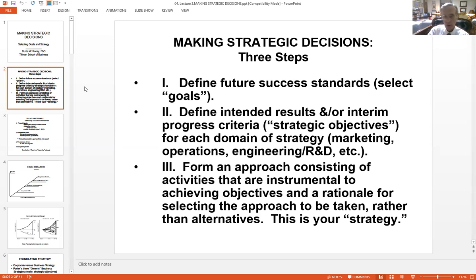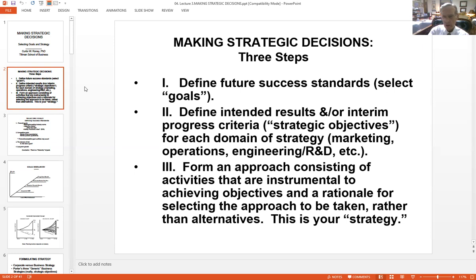The first, as we said earlier, is to define success standards or goals. The second, we did not talk about before. Before we went right into selecting the approach to be taken in pursuing goals. Now the truth comes out.